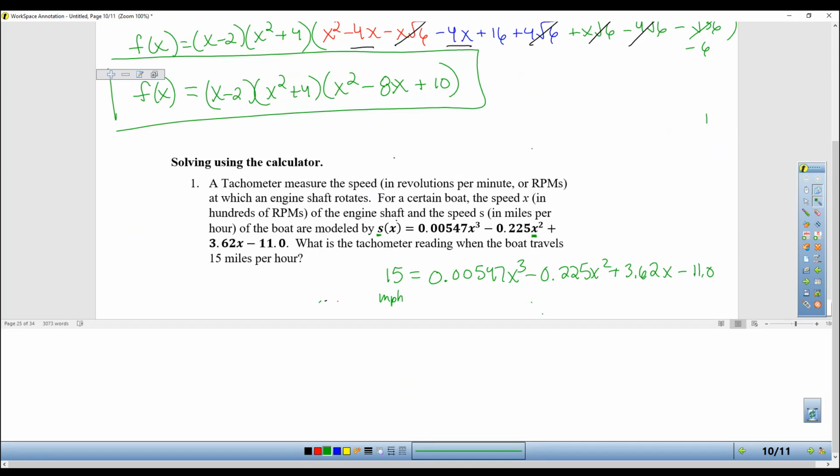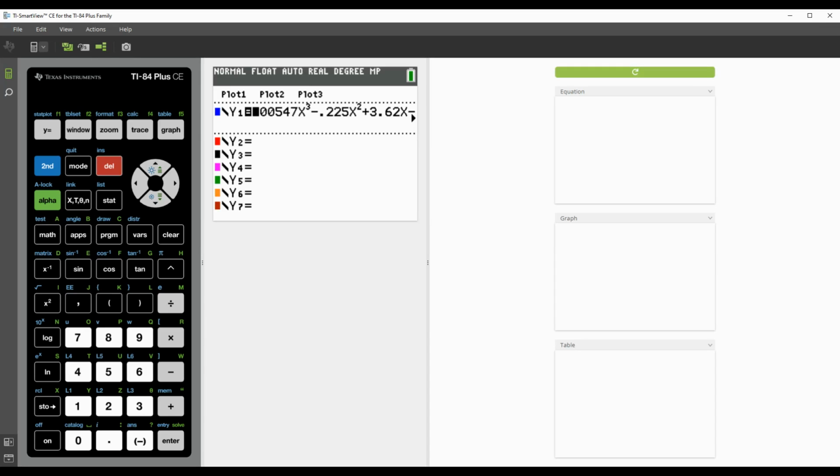So hopefully you remember how to do this. We're going to set this one to be y1, and we're going to set all of this to be our y2. And the window is the hardest part of that. Obviously, I know you can type that in as y1 and that in as y2, but getting the correct window is everything. So I went ahead and typed it into the calculator to save us a minute here.